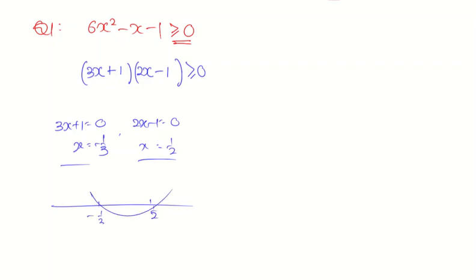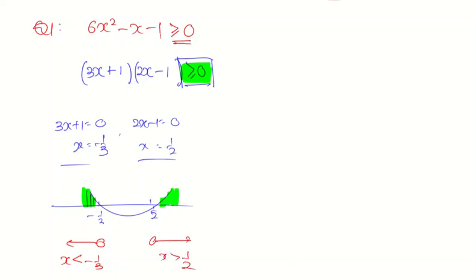And then I must plot the smiley face. Then I want it to be more than 0. More than 0, so it must be above the line, the green color one. Then after that, I will get the answer. x must be less than negative 1 over 3, and x must be more than 1 over 2.